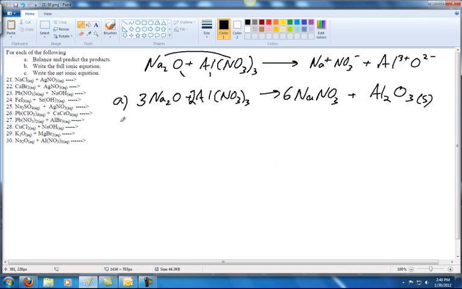Now what I'm going to do is do part B, and that means I'm going to have to split all these into ions. And we've got 3 Na2Os, so that's going to look like this. Charges I'll get from up here, -2 on the oxygens, and then 1 plus on the sodiums.